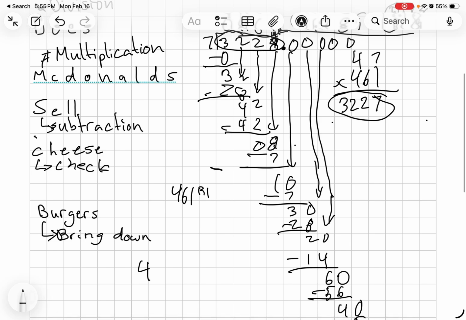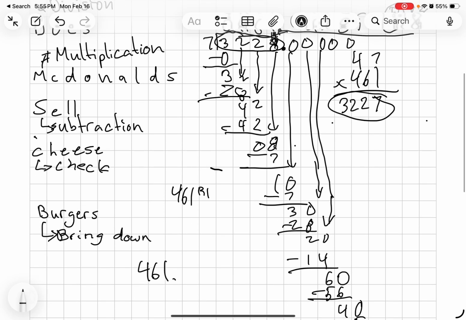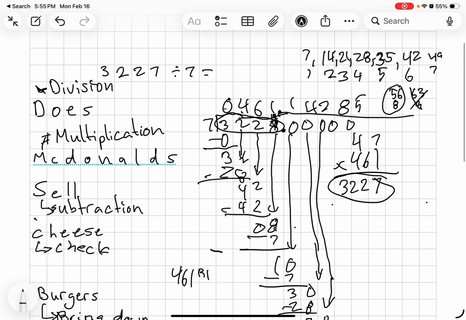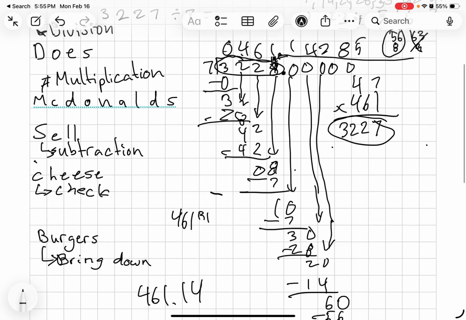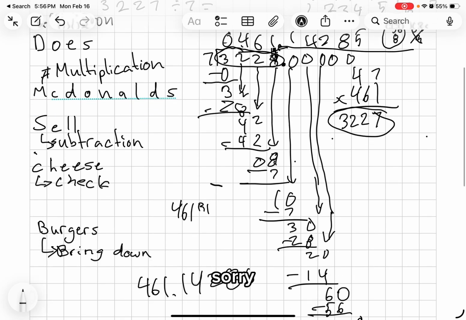And here is what we call an irrational number. An irrational number is a number with a decimal that never ends and never repeats. So it has infinite digits, but never repeats.